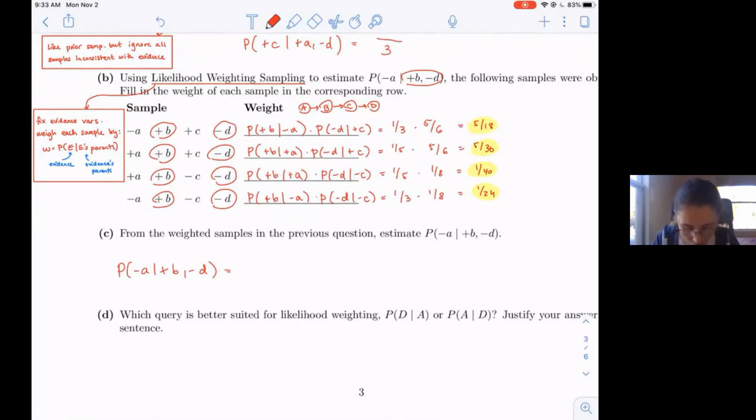So what we're going to do now to compute the probability of minus A given plus B minus D is look at all the samples with minus A plus B and minus D. And then we're going to divide that by all of our samples above.